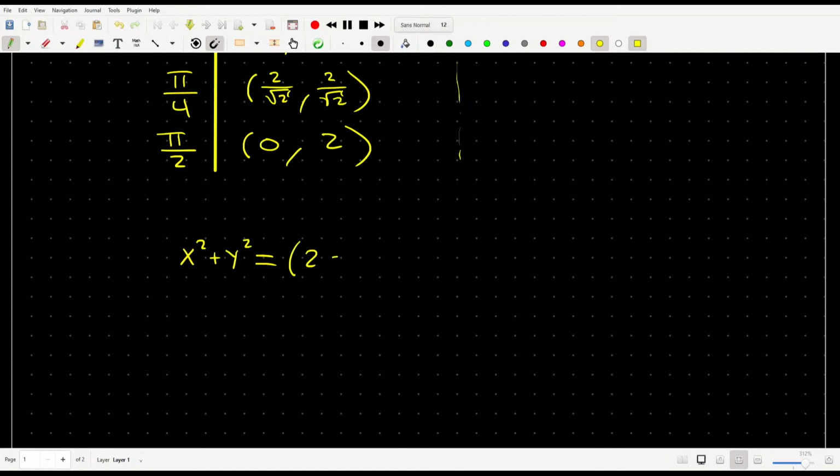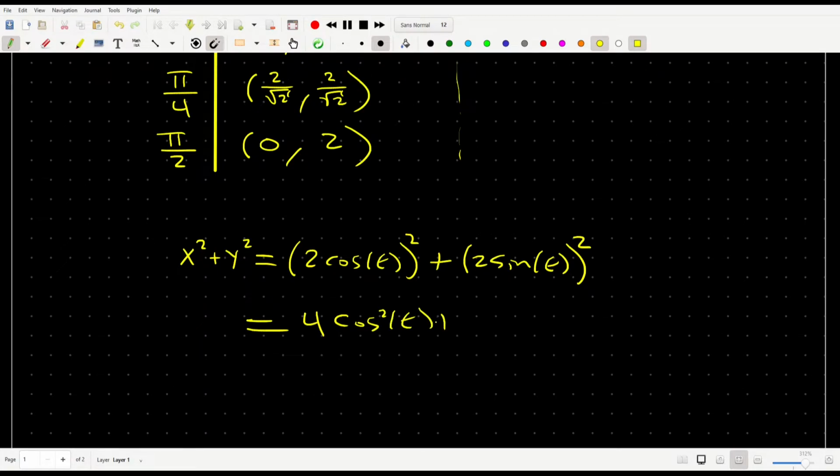This is going to be (2 cosine t) squared plus (2 sine t) squared, which is the same thing as 4 cosine squared plus 4 sine squared, or 4 times (cosine squared plus sine squared), which is 1.